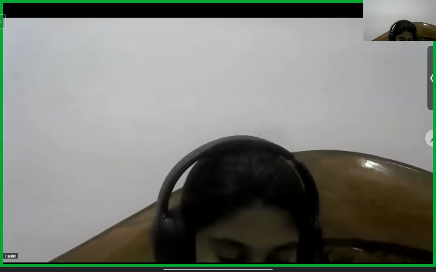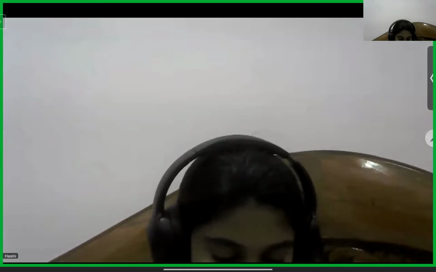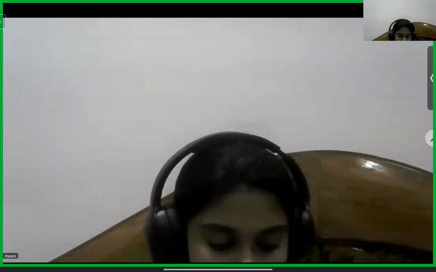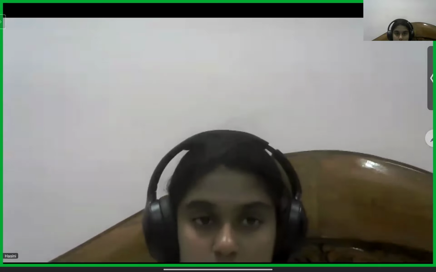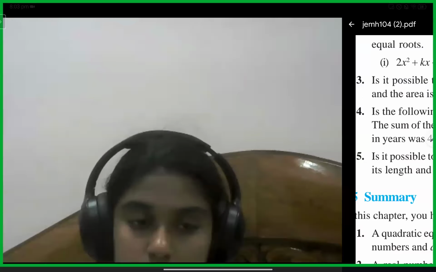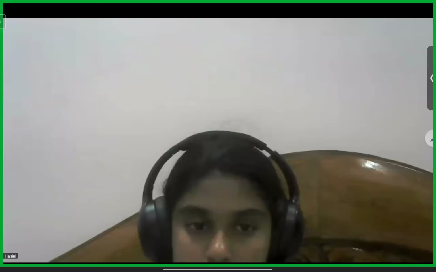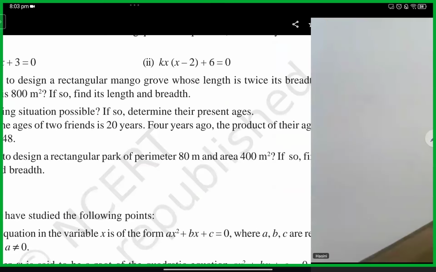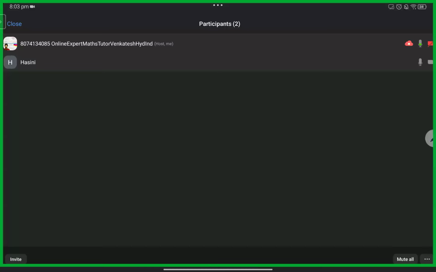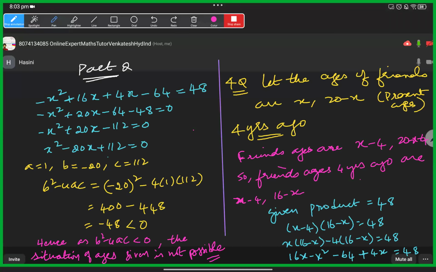So there are no real roots of this quadratic equation, hence the situation is not possible. Here, the value b square minus 4ac is less than 0, Hasni. We are getting imaginary values, that is, no real roots. I'll write one statement here: no real roots, no real values of x.